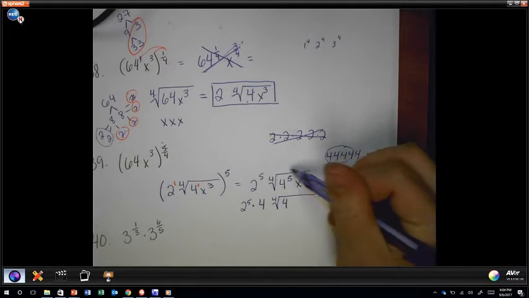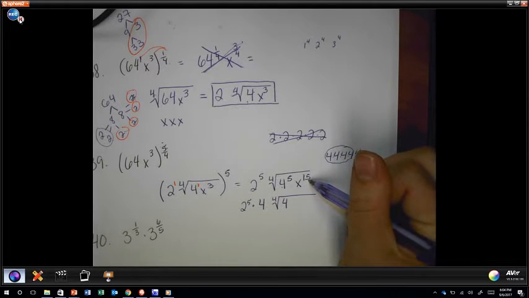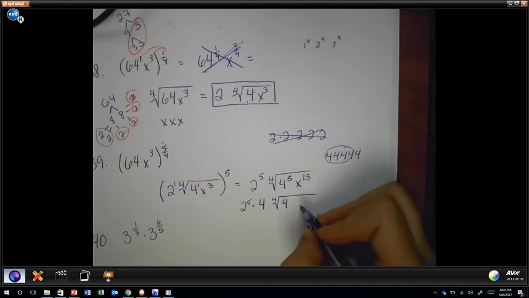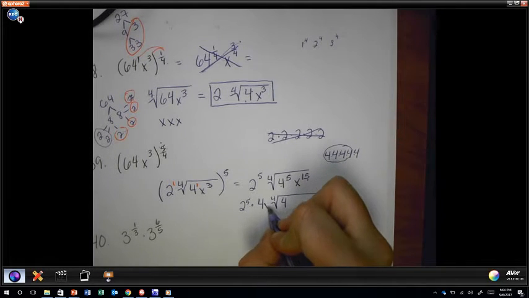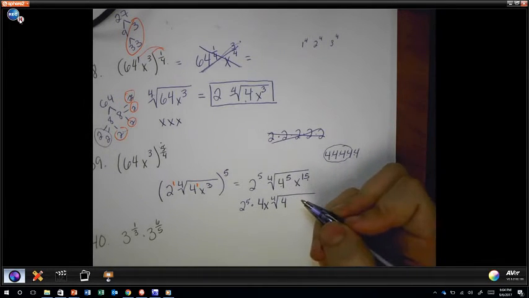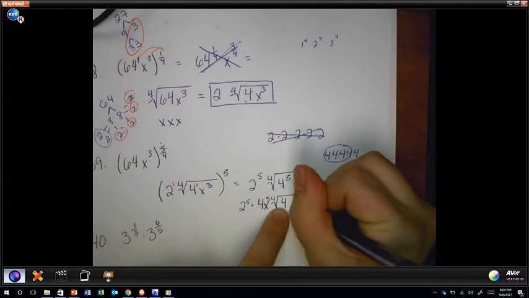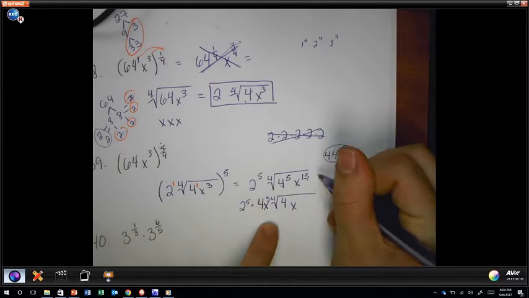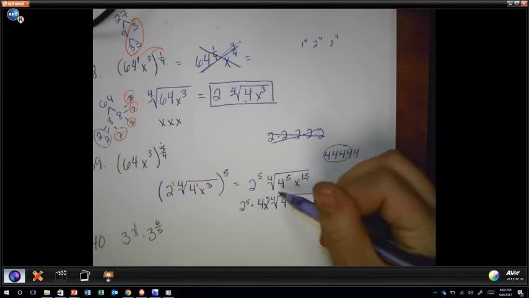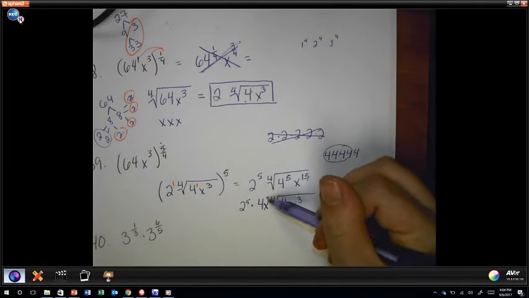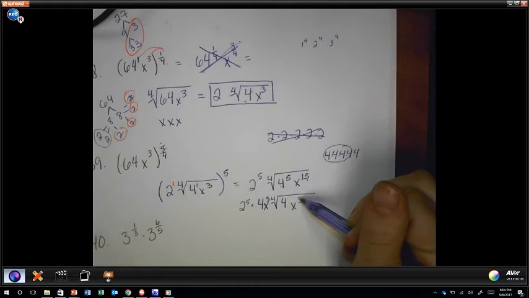How many times does 4 go into 15? Four goes into 15 3 times with a remainder of 3. Because 4 times 3 gives me 12, 13, 14, 15.